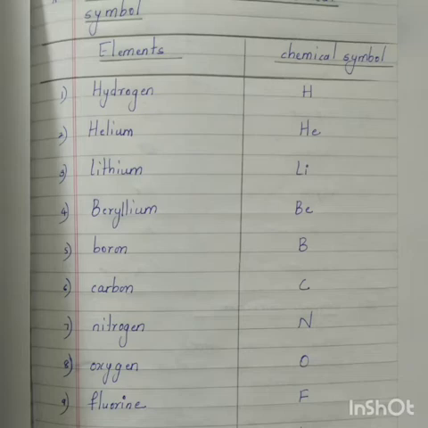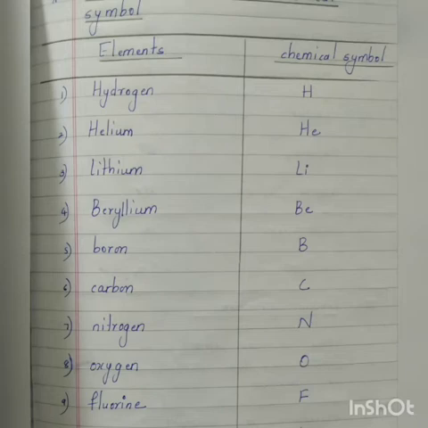So first one, hydrogen, is capital H. Helium, capital H, small e, as we discussed earlier. Lithium, capital L, small i. Beryllium, capital B, small e.